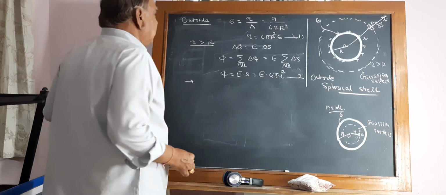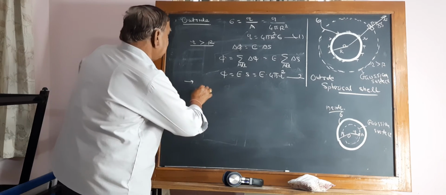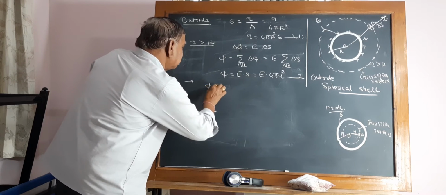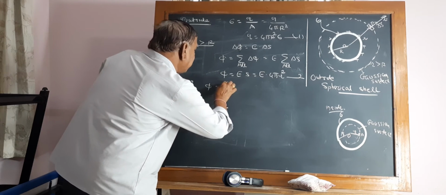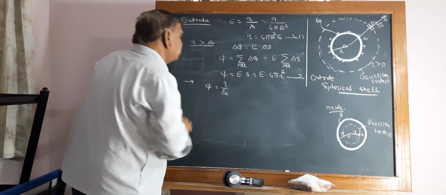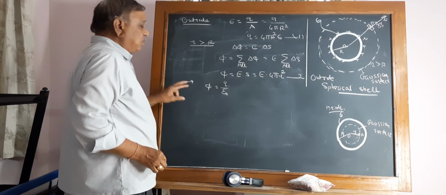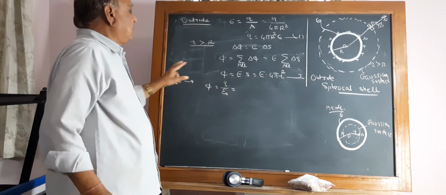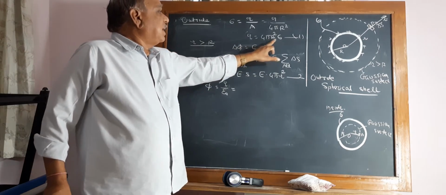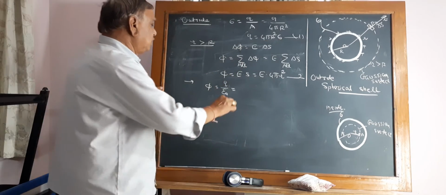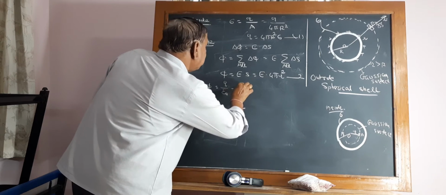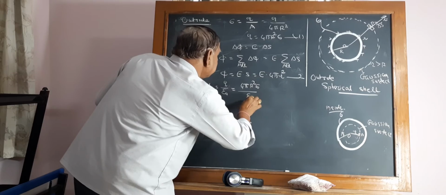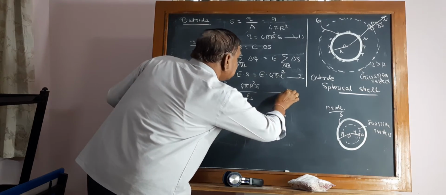So we can say, according to Gauss's law, Q by epsilon 0. But Q equal to 4 pi R square sigma. So 4 pi R square sigma by epsilon 0. Equation 3.